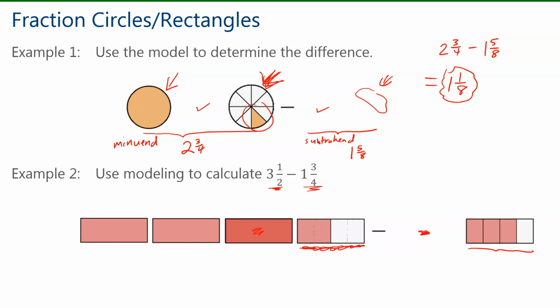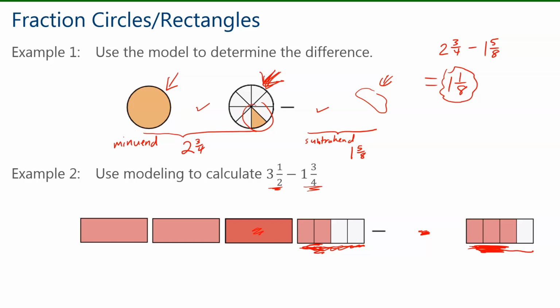So of course a half would become 2/4. If I was to try now to overlap those, I run into trouble, and it's not allowed, because I have 3 shaded in my subtrahend partially shaded whole and only 2 here. I can't take 3 from 2. So what do we do?